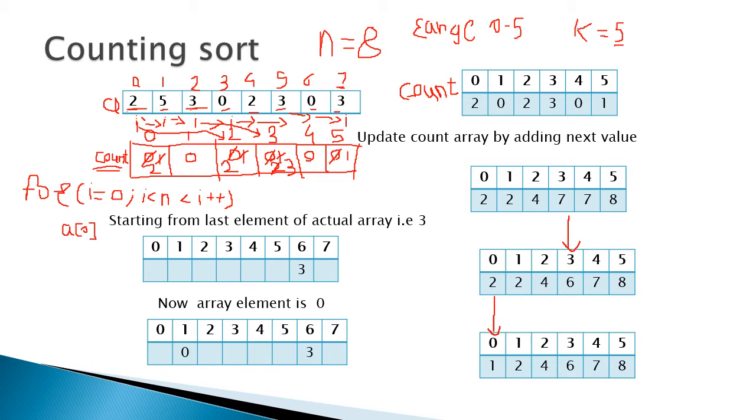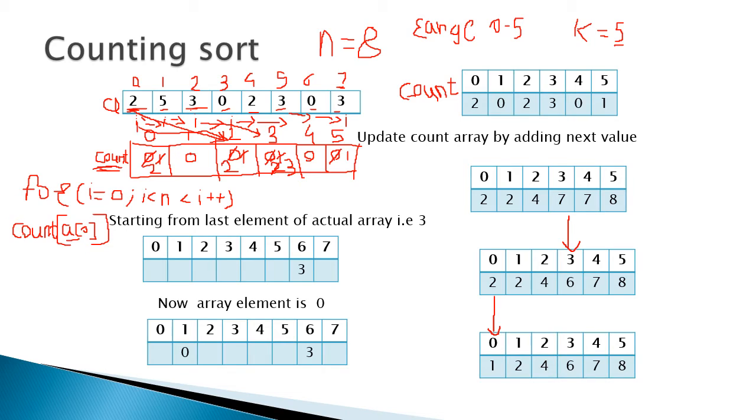The value of A of i is the index of the count array, because we jump over to that index of the count array, that is count of 2. That's why we have to write count of A of 0. Get it? I think you get this point.